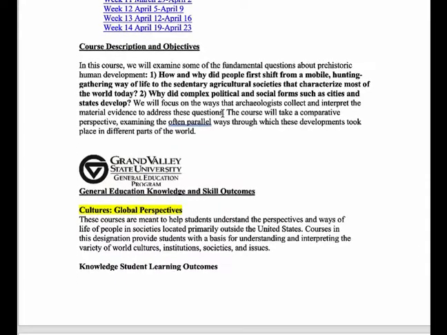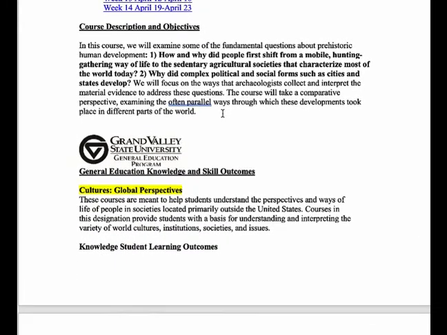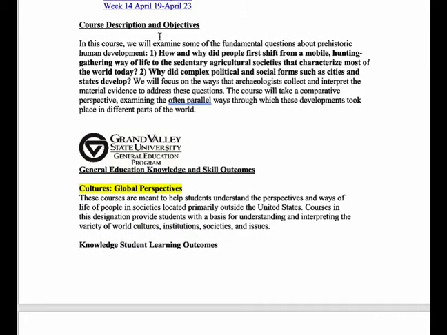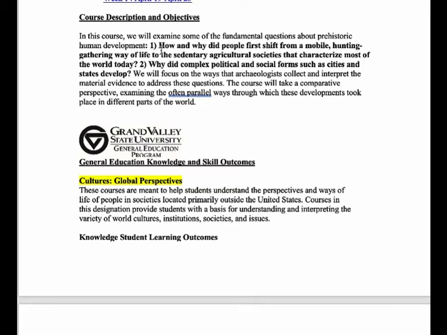The way I've organized it, the overall topics, as you can tell from the name of the course, look at the origins of civilization. We're really looking at 2 big questions in the history of human beings. How did we go from mobile hunting and gathering societies to sedentary farming or agricultural societies?